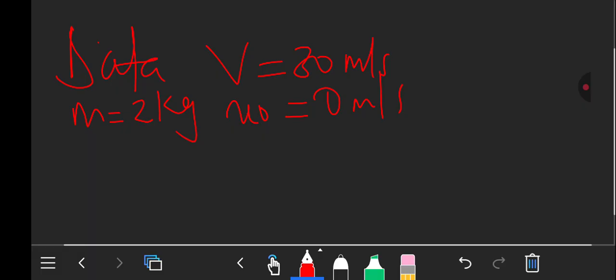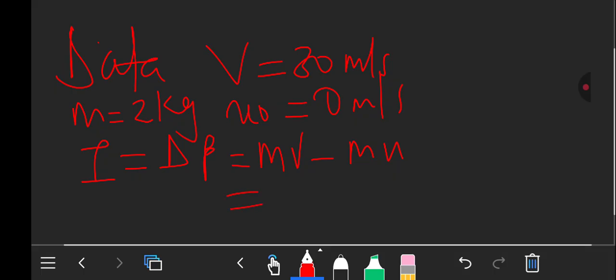So how can you find the impulse? Impulse, we are saying, is the change in momentum, and change in momentum is equal to mass multiplied by final velocity minus mass multiplied by initial velocity.